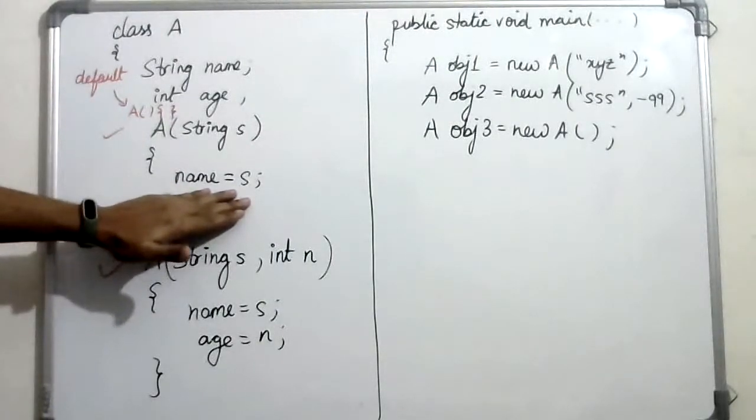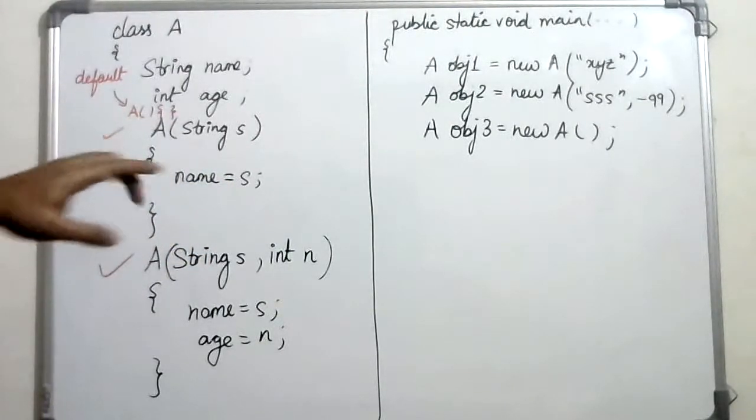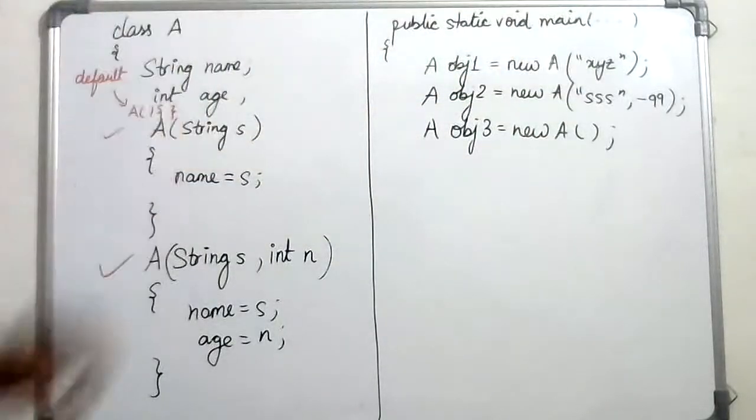Name is initialized fine. Name is initialized to XYZ. What about age? What about the variable age? I'm not passing any arguments. So what do you think the value of age will be?